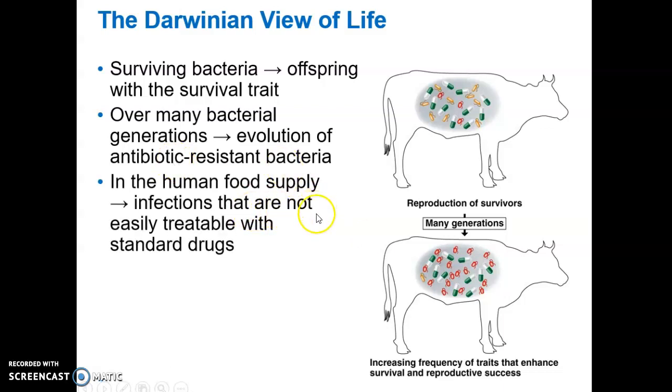So in the human food supply, infections are not easily treatable by standard drugs. New types of drugs have to be generated, or a combination of drugs have to be applied. So basically, we're pushing and developing stronger, more antibiotic-resistant bacteria in our food supply, in our food chain.